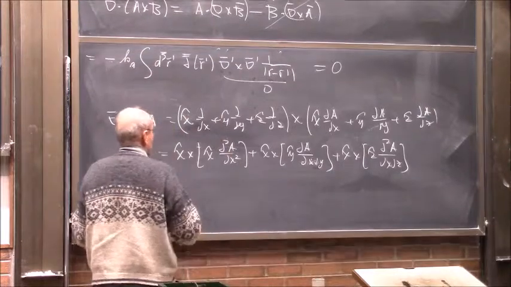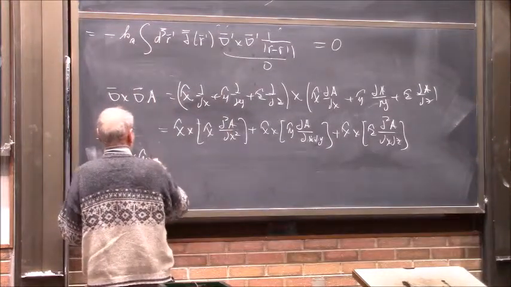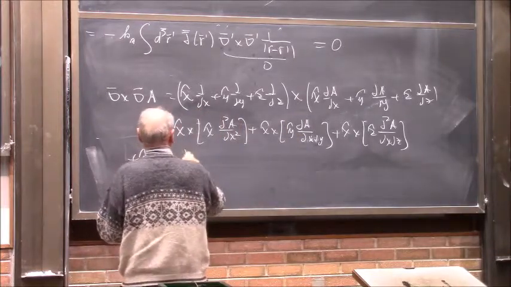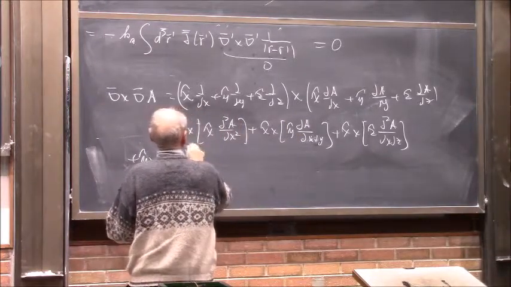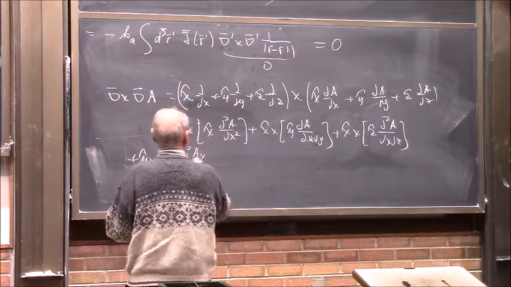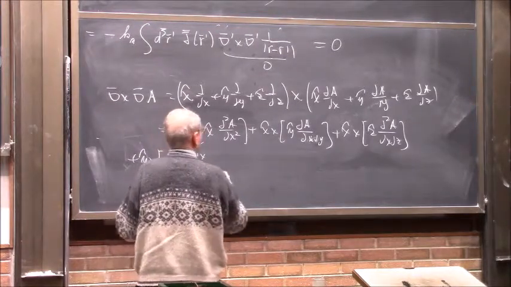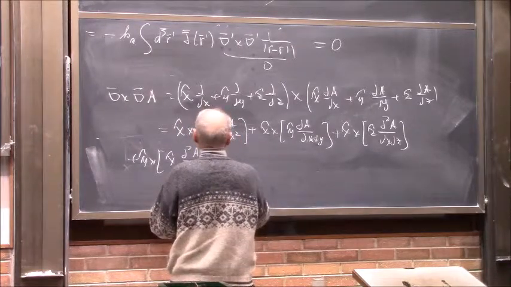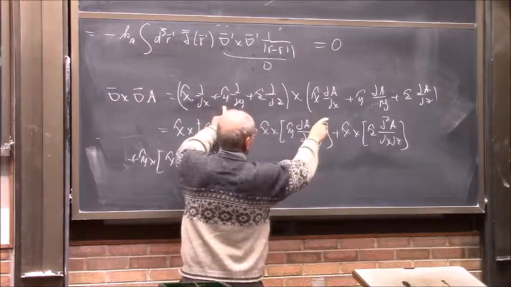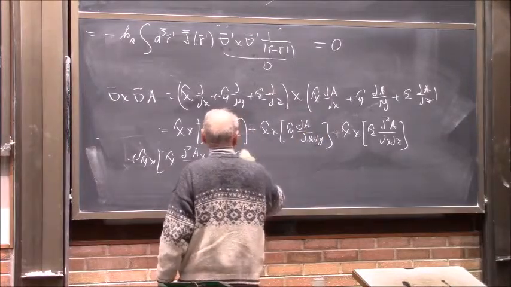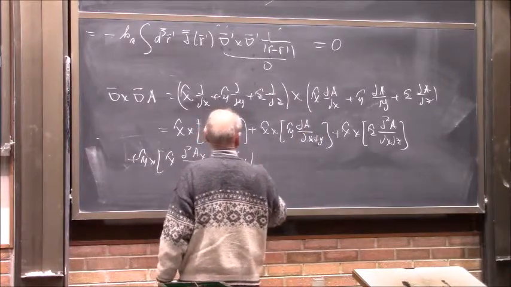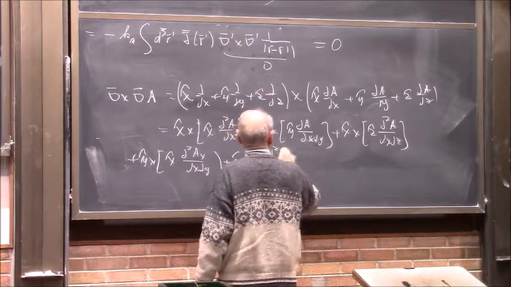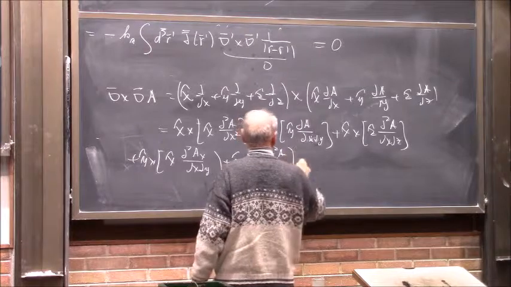And now I do this one. Y hat cross does nothing to x, and so you get d squared A dx dy. Okay? And then you get y hat cross does nothing to y, and so d squared A dy squared.